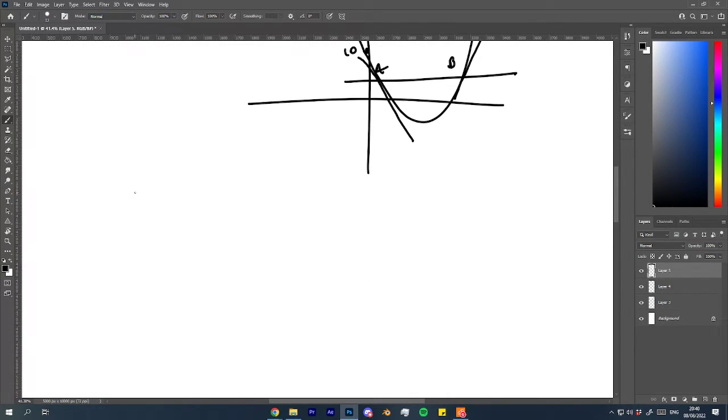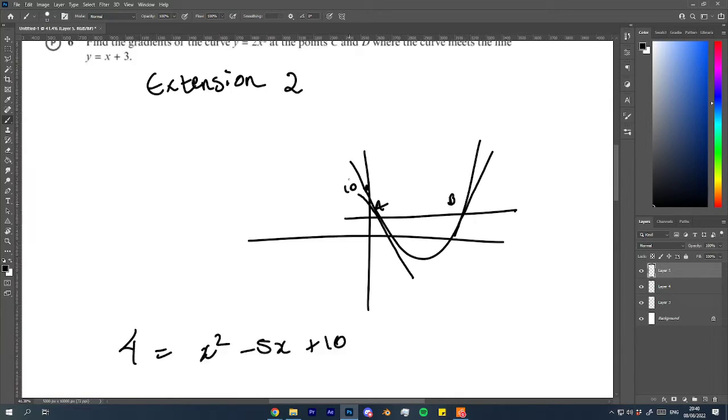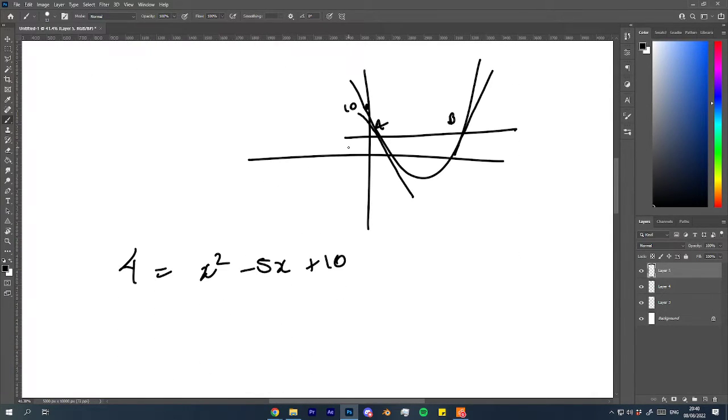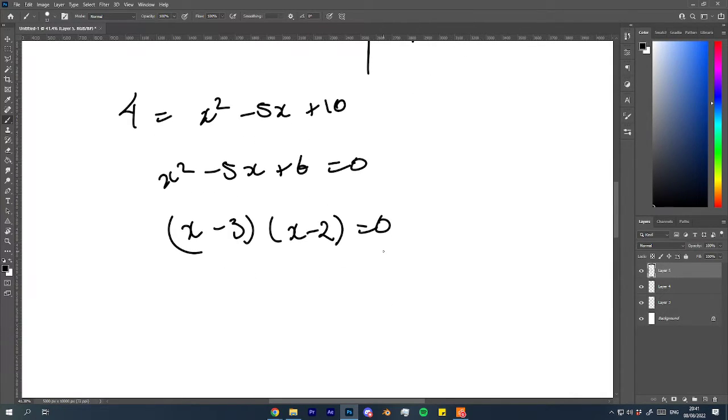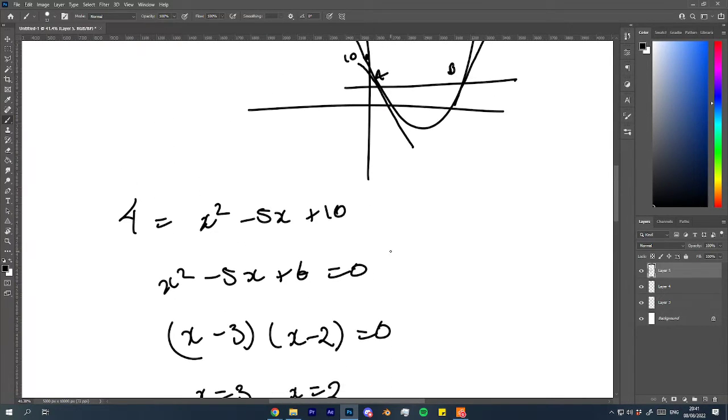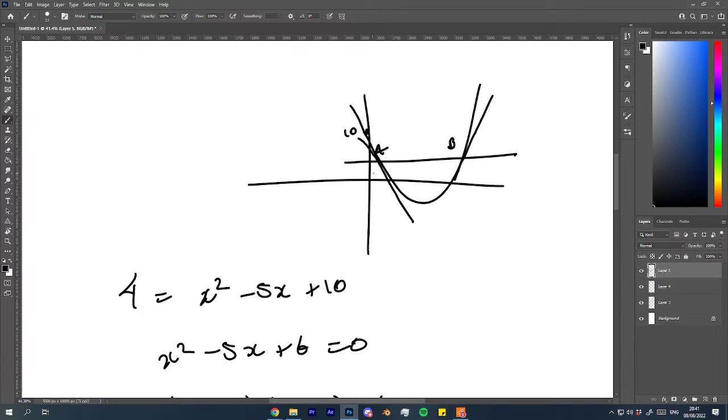So that becomes 4 equals x squared minus 5x plus 10. Subtract 4 from both sides. Factorize. And then solve for x. Okay, now I have two different values for where we have our intersection, 2 and 3, and these are our x coordinates.